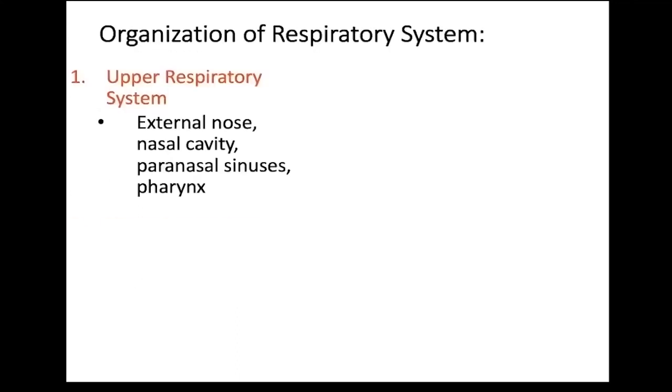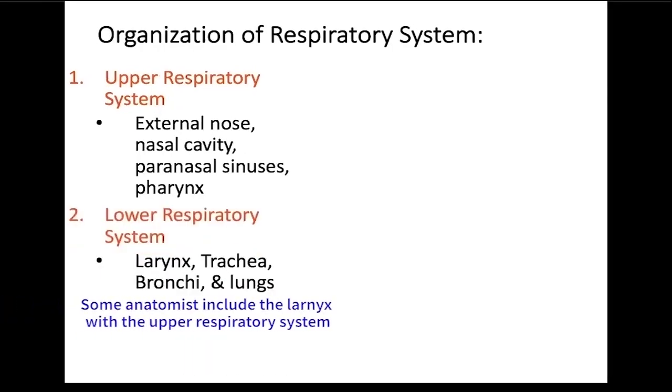The respiratory system is organized into an upper respiratory system and a lower respiratory system. The upper respiratory system begins at the external nose, includes the nasal cavity, paranasal sinuses, and ends at the pharynx.